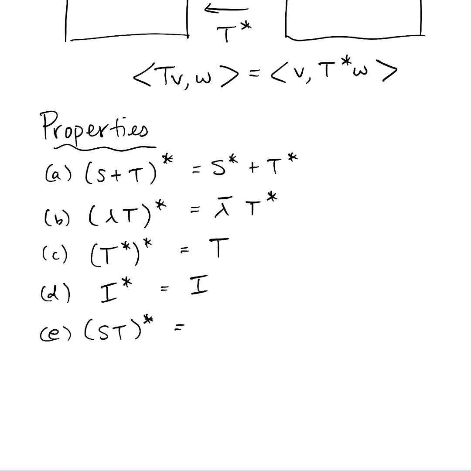If you do T and then do S, if you're trying to work your way all the way back right to left, it should be undo S, then undo T. So the adjoint of ST is T star S star.